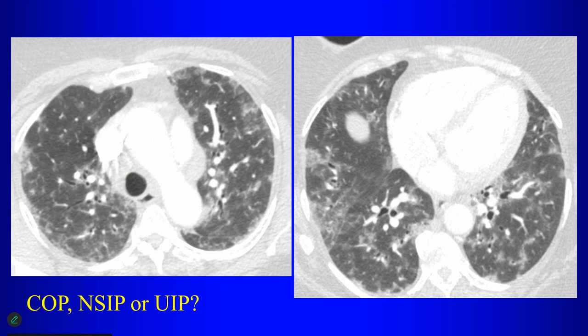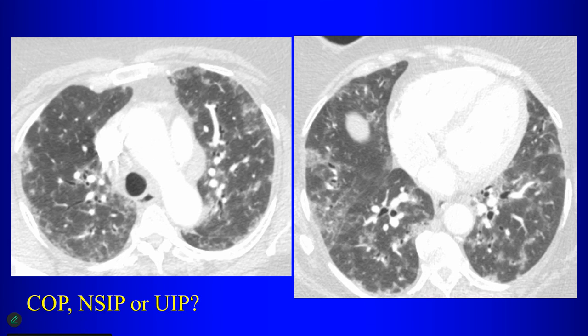What would you look for with NSIP? You look for ground glass, peripheral distribution associated with traction bronchiectasis. Is that what we have here? Yes or no? Okay, so the answer is no, not NSIP.